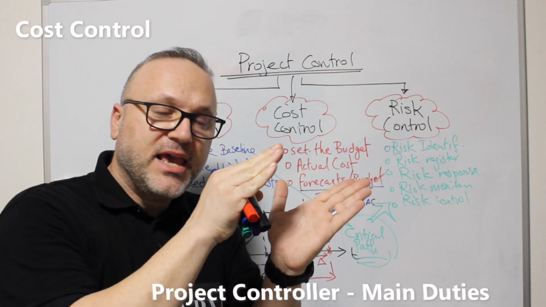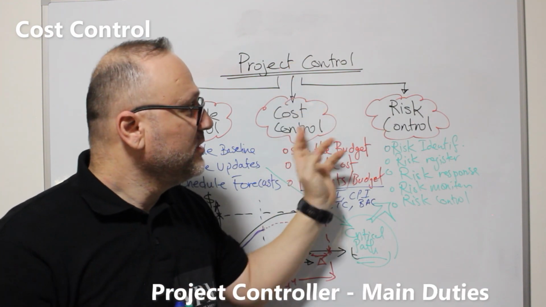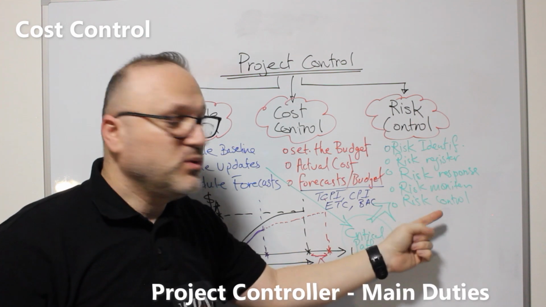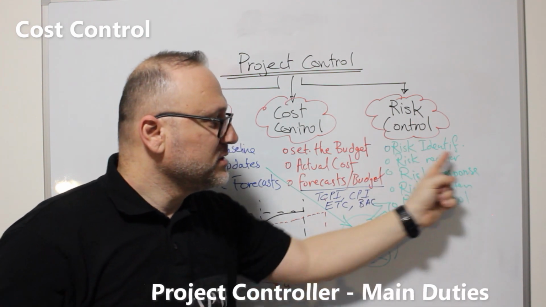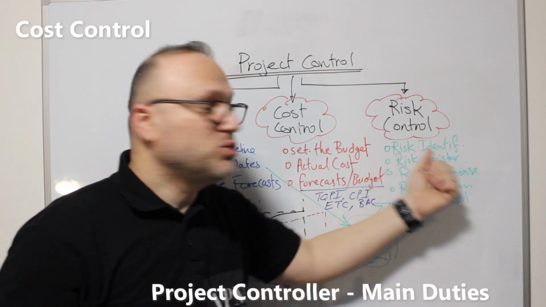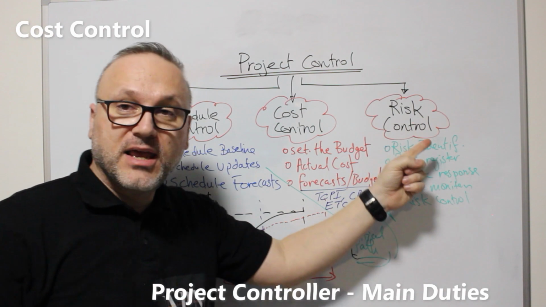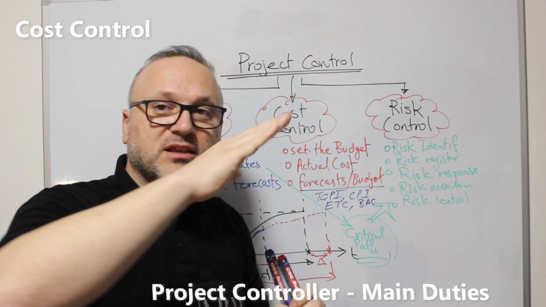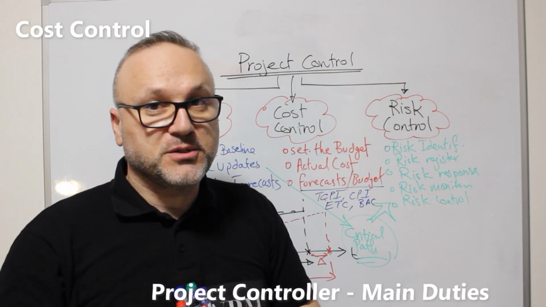If it deviates, they should highlight the alarm that there will be some risk here, and we need to make risk mitigation, risk response, and control that risk to make sure that we are going back according to the plan, and ensure that the project deviates within the accepted standard deviation.